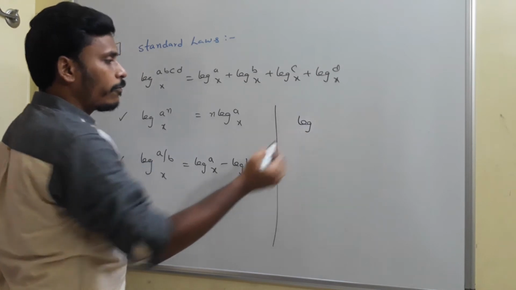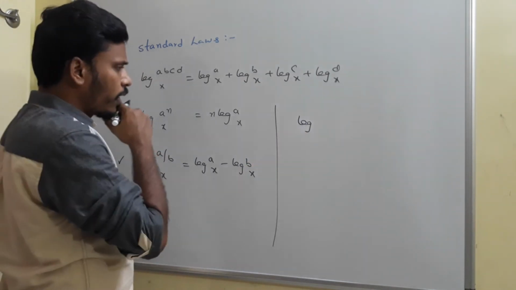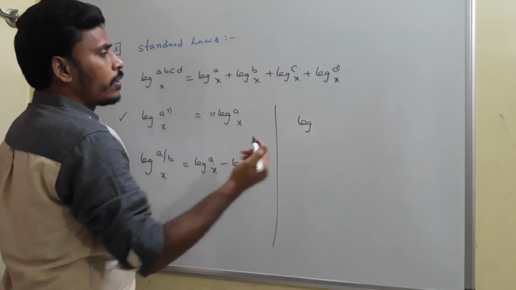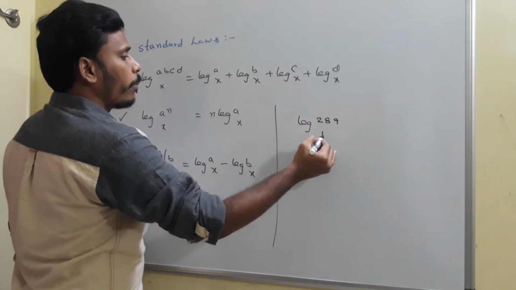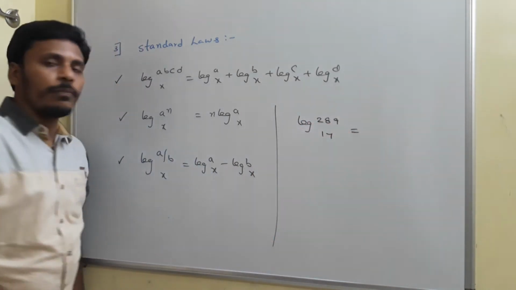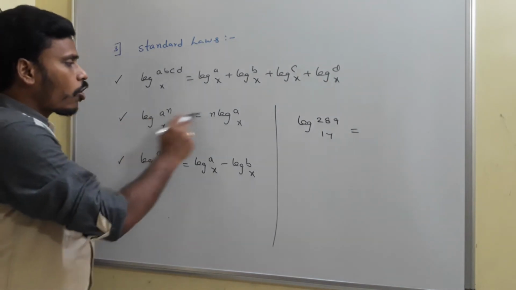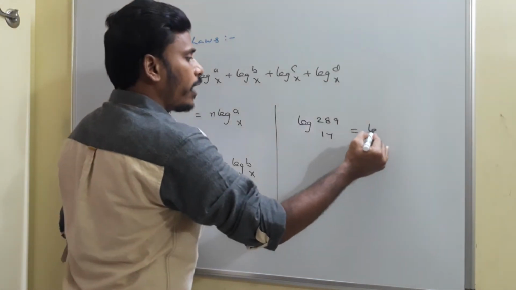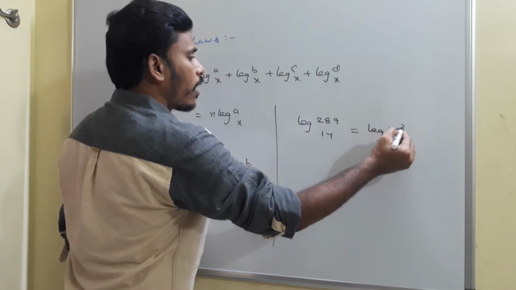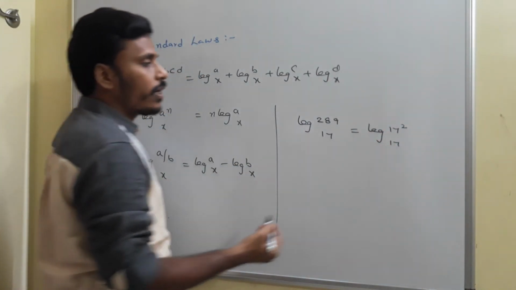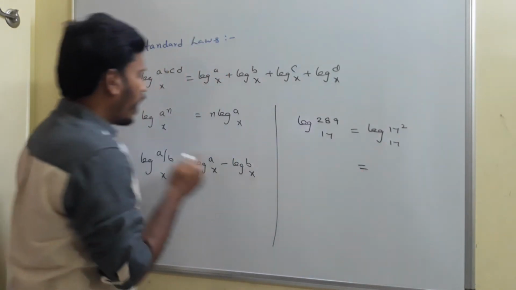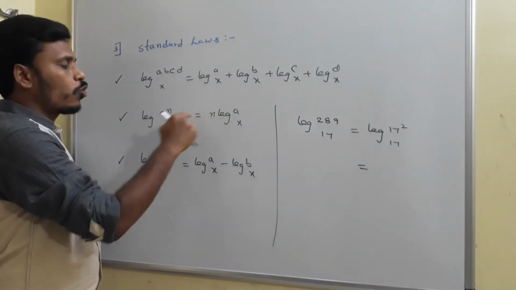For suppose, you may take something: logarithm of 289 base 17. What is its simplified value? Then use this law of logarithm. Logarithm of 289 base 17 is nothing but logarithm of 17 square base 17. And logarithm of 17 square base 17 is simply, as per this law, you need to write 2 out.